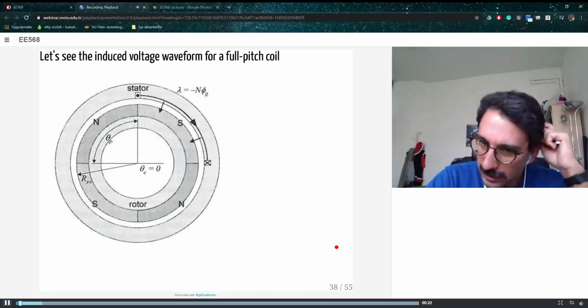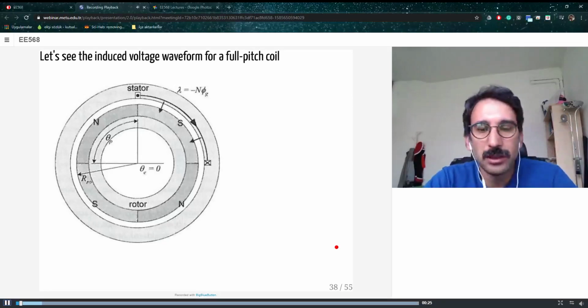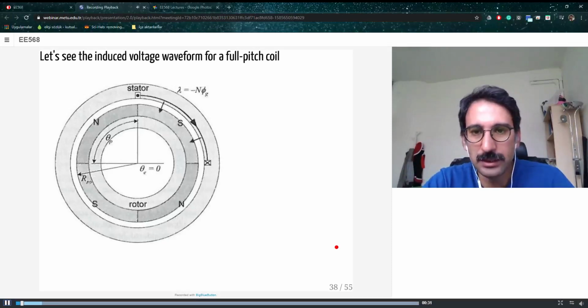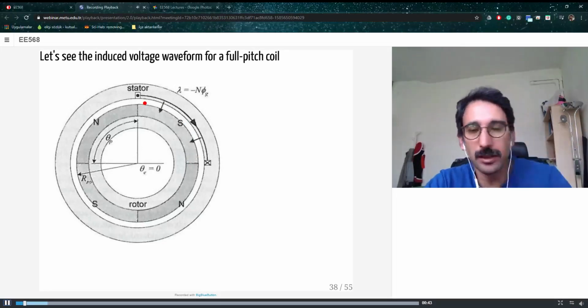Anyway, in the last lecture we talked about different winding configurations for permanent magnet machines. The first one is a full pitch winding, from here to that side, and our magnets have 180 degrees electrical pitch.